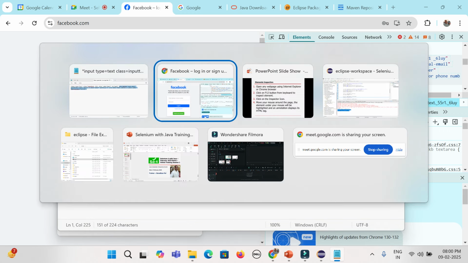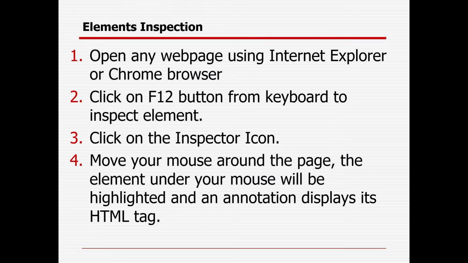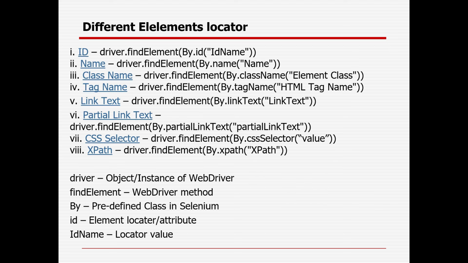Now I understand how to inspect the element. Next, I will look at the different element locators available in Selenium: ID, name, class name, tag name, link text, partial link text, CSS and XPath. How do we use them? driver.find_element.